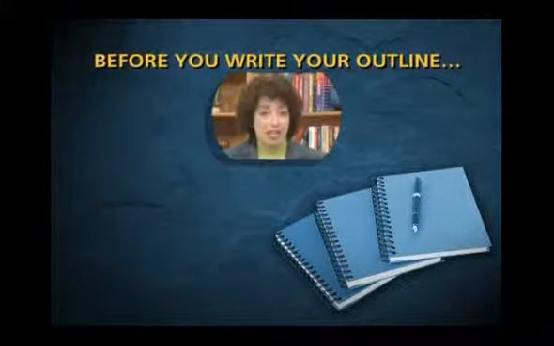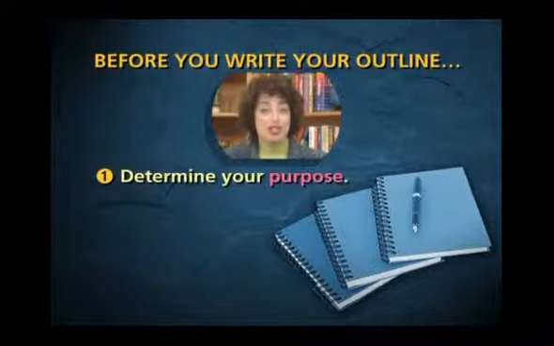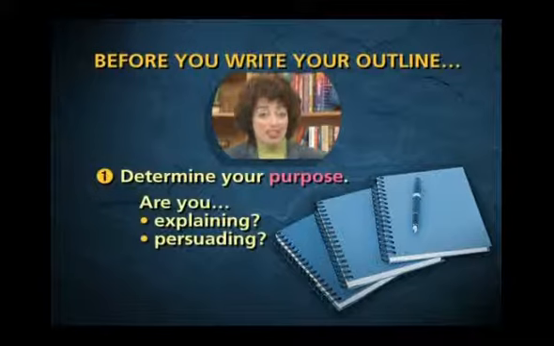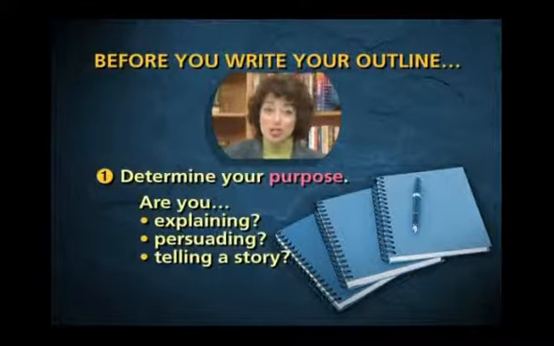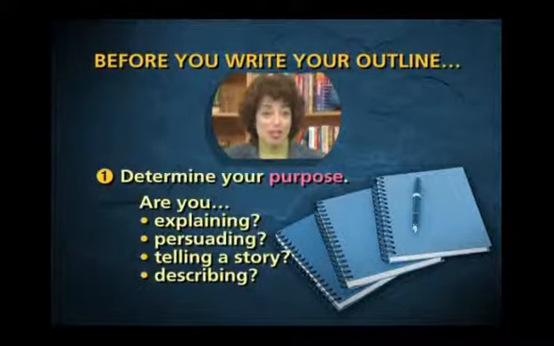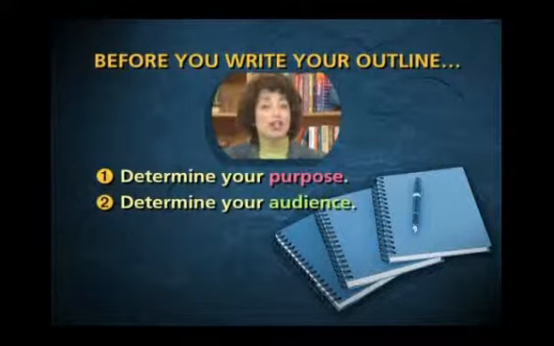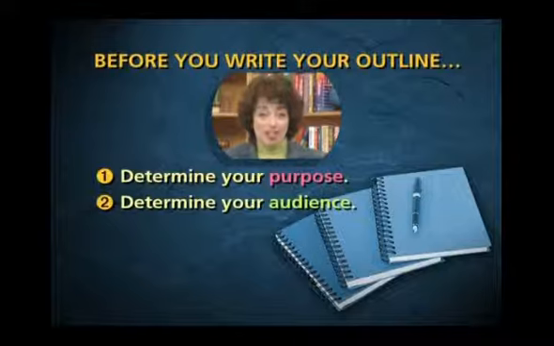But before you write any outline, you have to go back to what you learned in our previous program. First, determine the purpose of your paper. That's why you're writing. Are you explaining, persuading, telling a story, or describing? Because that determines the type of outline that you do. Second, determine the audience for your outline.